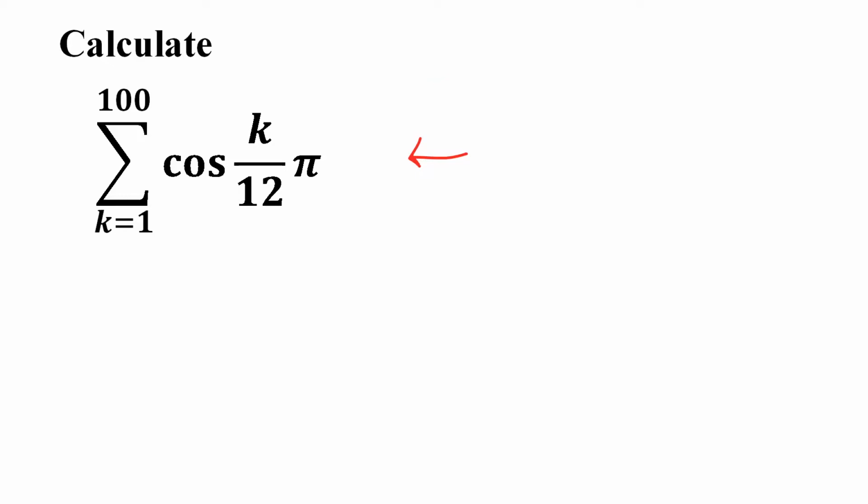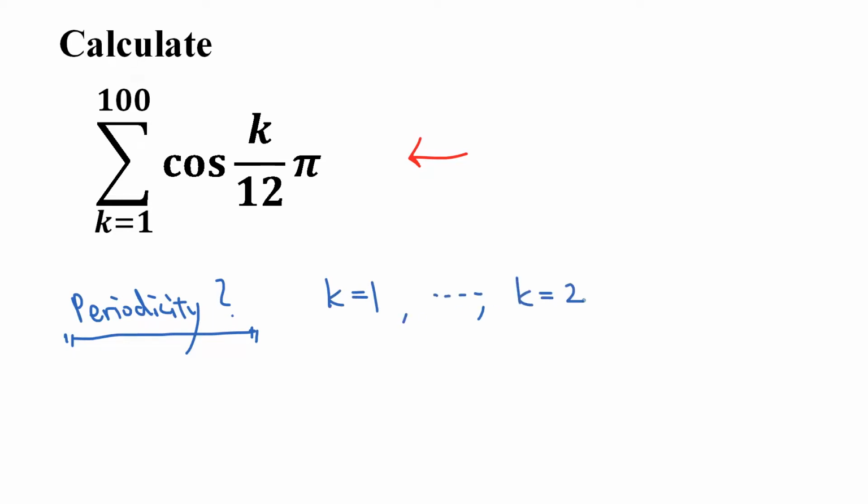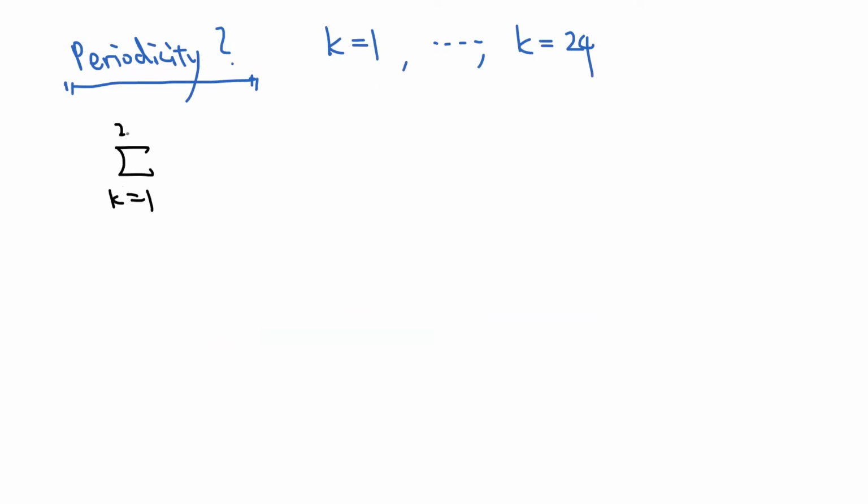Right, let's do this. First, in order to simplify the problem a little bit, we have to obtain some sort of periodicity. So do we have some kind of periodicity? Well, let's add up from k equals 1 to k equals 24, which is this sum.